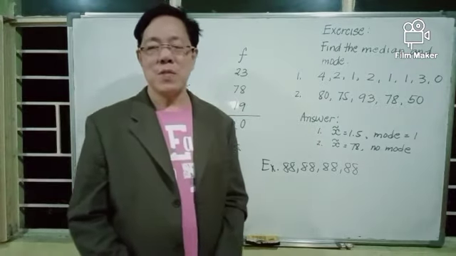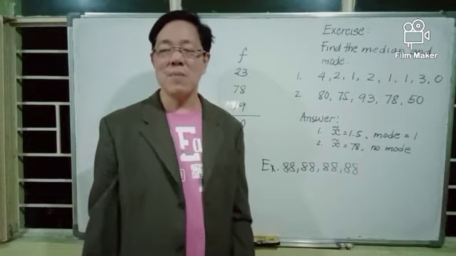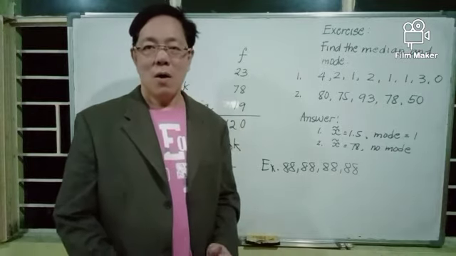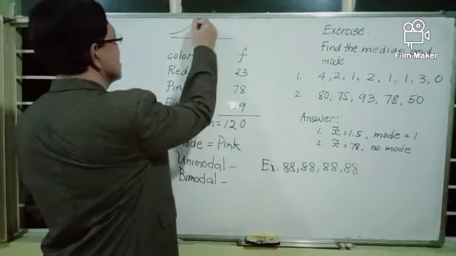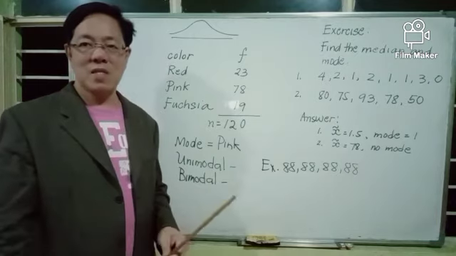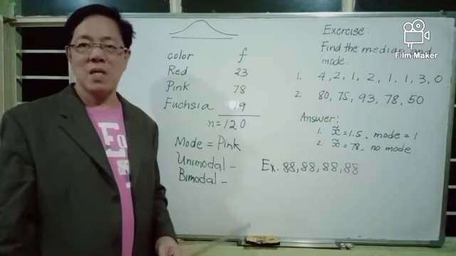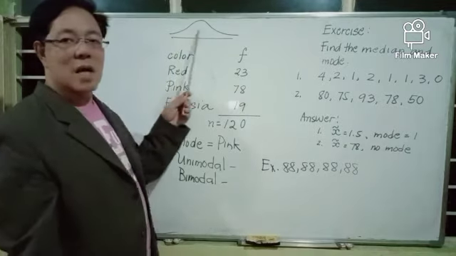And if you sketch the graph of the distribution of the set of data with mean, median, and mode all equal, the graphical presentation of that set of data will be like this curve.